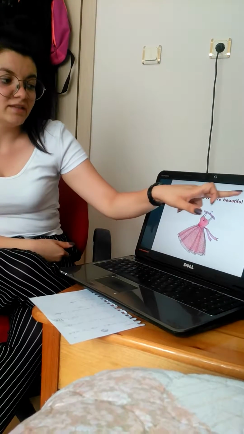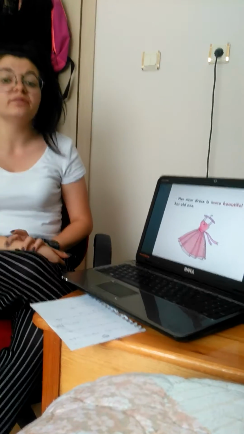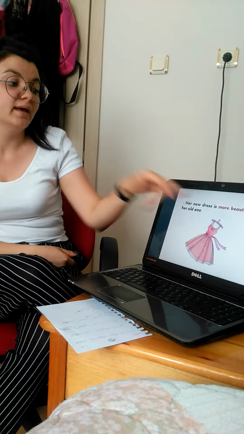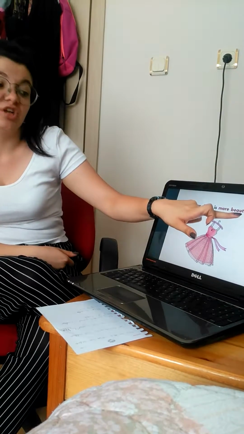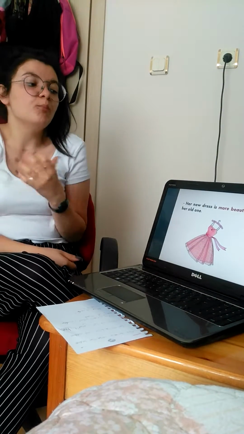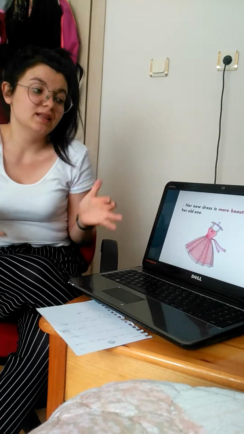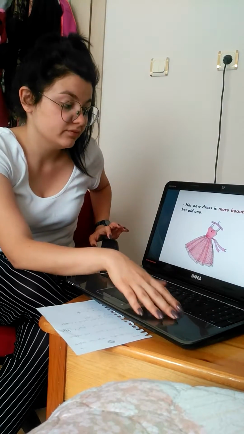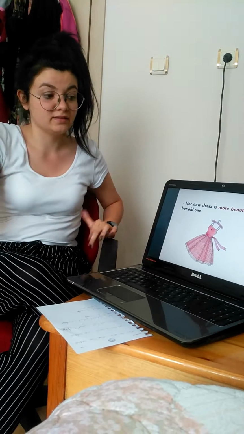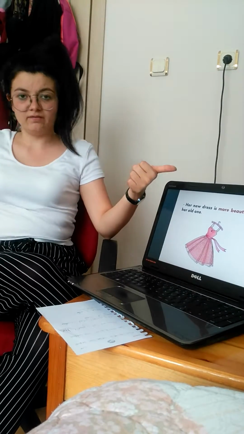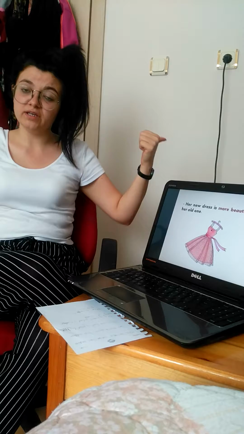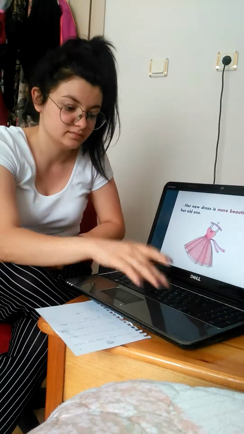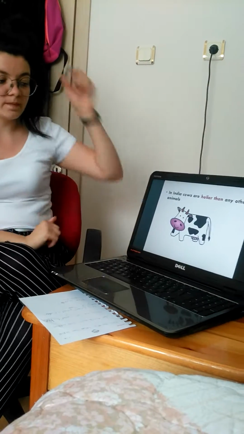So look at the adjectives. Beautiful wants more before this adjective. We have to say more beautiful and we have to use than, then her old one. This is the new one, this is the old one. We can compare these two things.